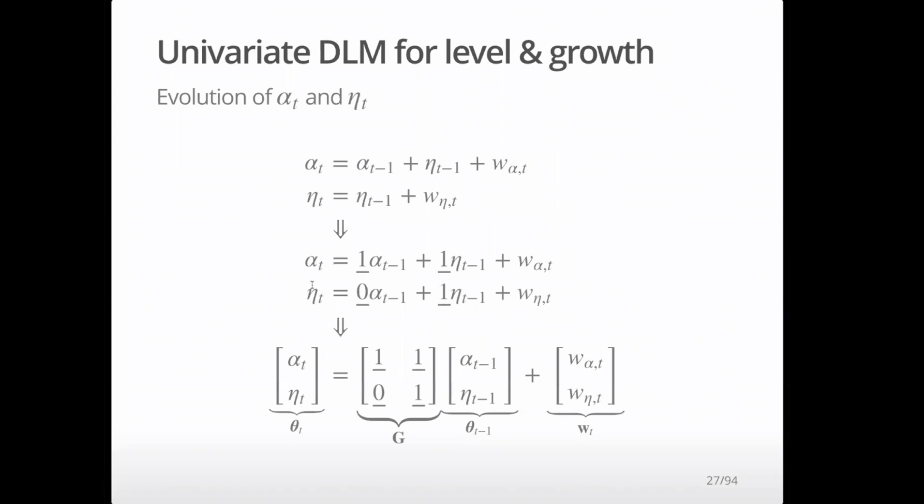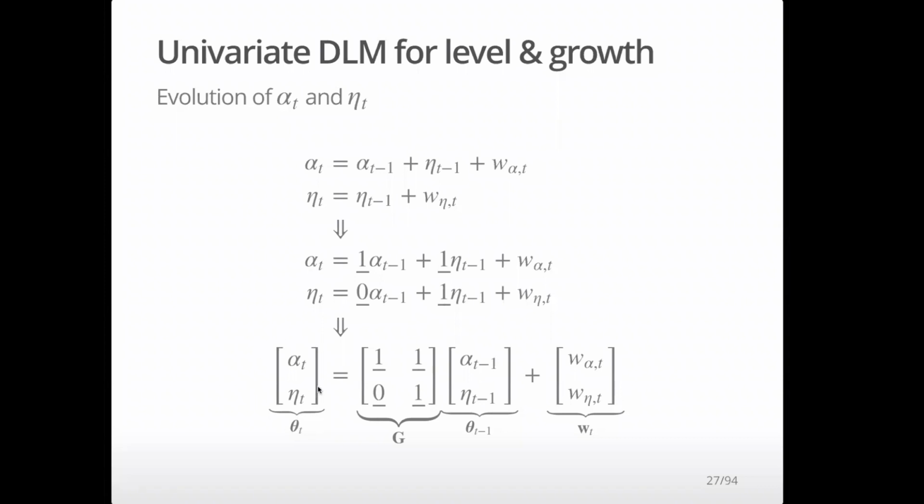That's just this reprinted. Now, if we write this in matrix form, we pull the alpha and the eta out, and we'll stick that in a vector and call it theta. We're going to pull our coefficients out. 1 and 0 go here. 1 and 1 go here. We're going to call that G. And then we need alpha and eta to multiply by that. So this goes here, and this is just theta t-1, right?